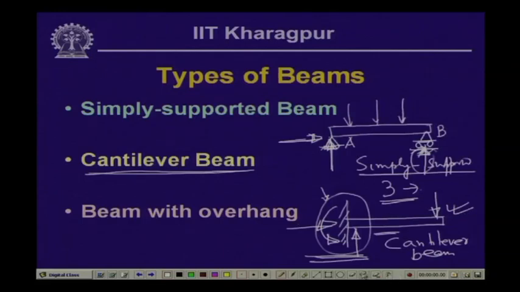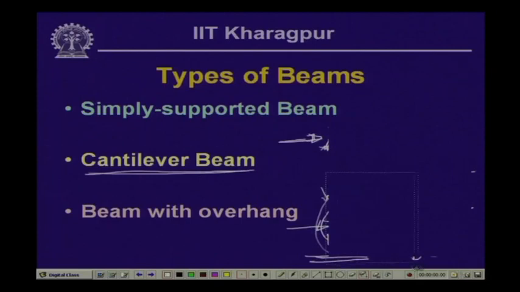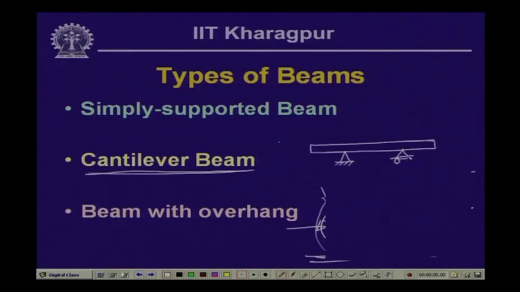Now, sometimes we use a beam member which may not be any of this category, but could be combinations of these. Say for example, if we have a beam which is hinged at this place and placed on a roller at this particular place and subjected to some kind of loading on the transverse plane.